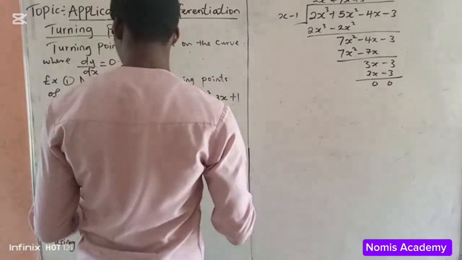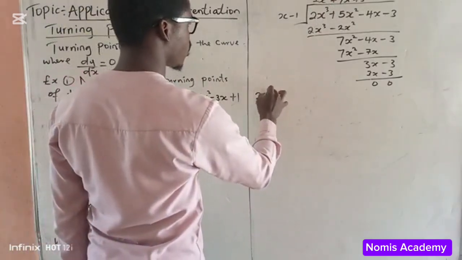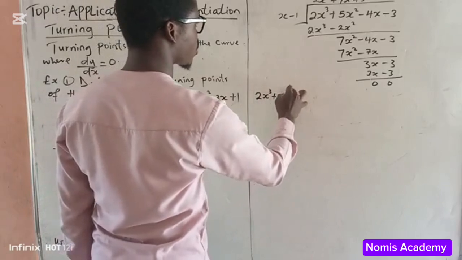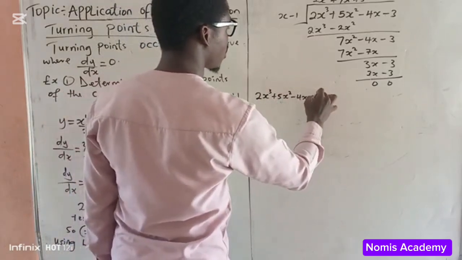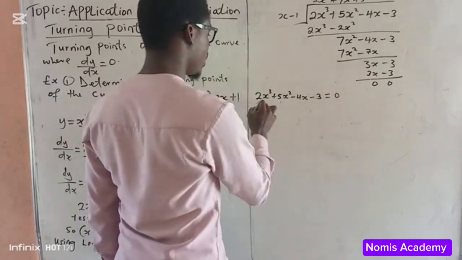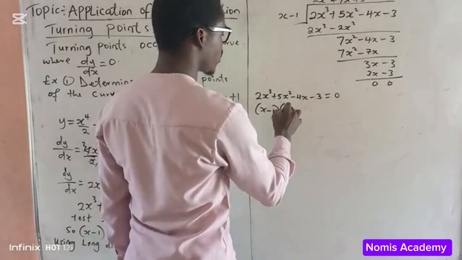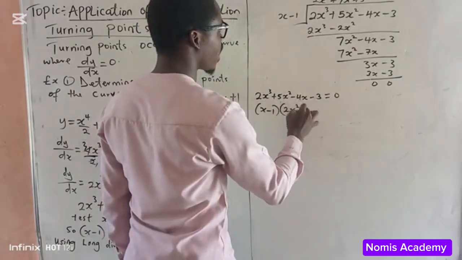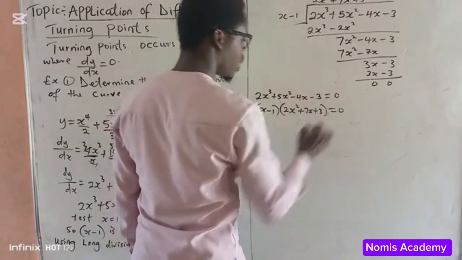So therefore we have 2x cubed plus 5x squared minus 4x minus 3 equal to 0 becomes x minus 1, and then we write the quotient 2x squared plus 7x plus 3 equal to 0.